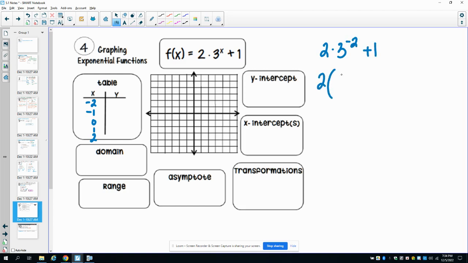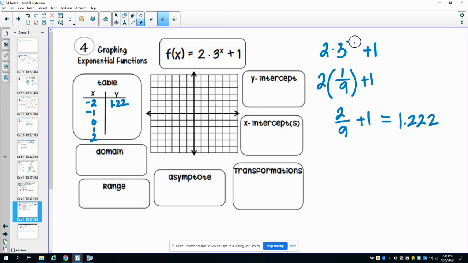So then this is 2 times 1 over 3 squared, or 1/9, plus 1. So this is 2/9 plus 1. And if you want to do that as a decimal, 2/9 is 0.2 repeating, plus 1 is 1.222, so this is 1.2 repeating. Then we would plug in -1.